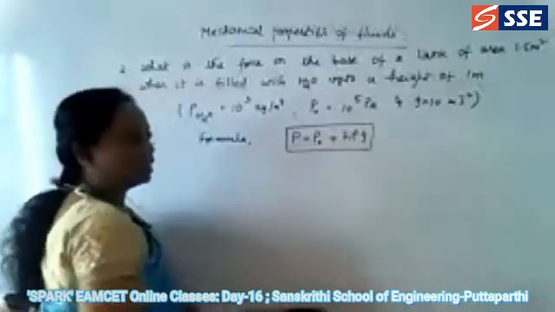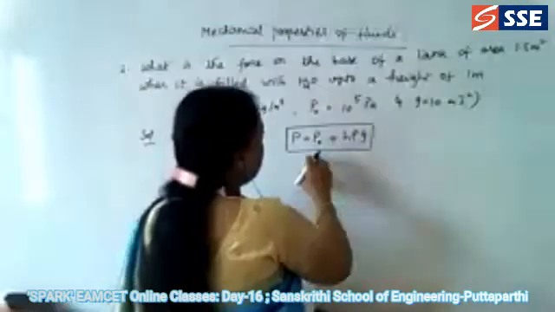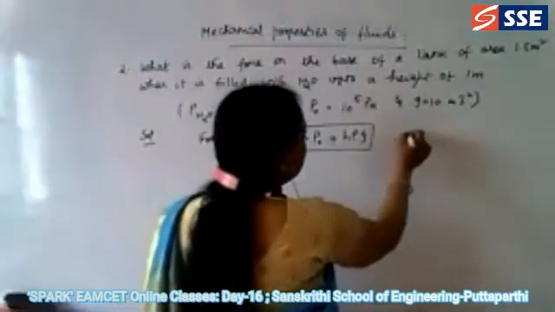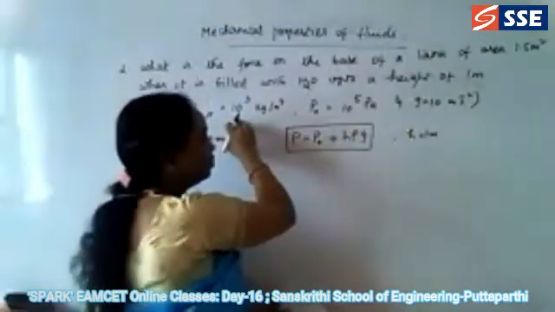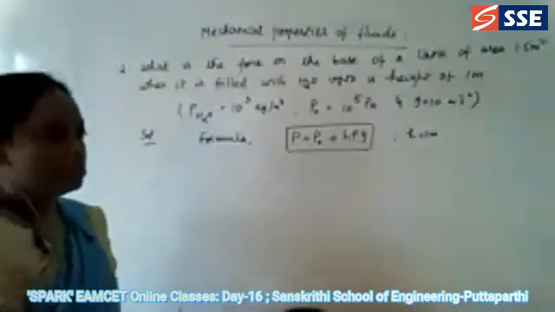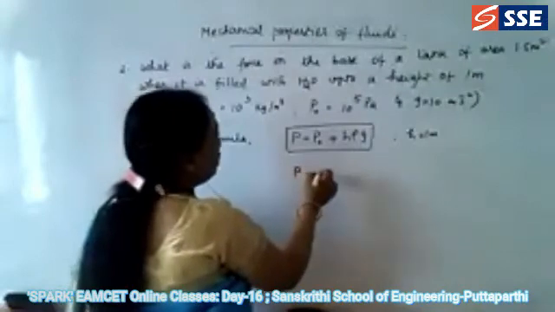P is equal to P naught, which has been given here, plus H rho G. H is 1 meter, density of water is 10 cube, and G is also given here. Directly we have to substitute all the values.